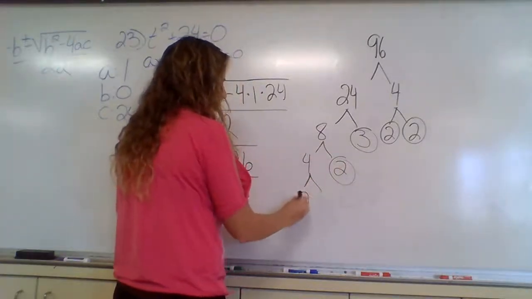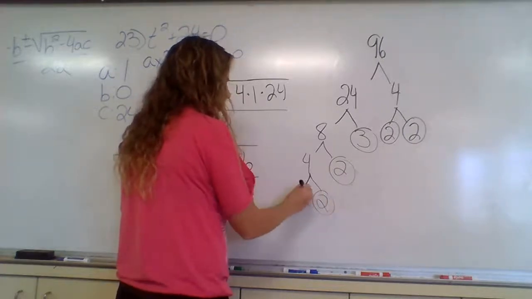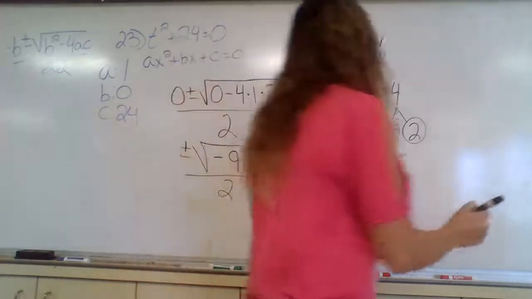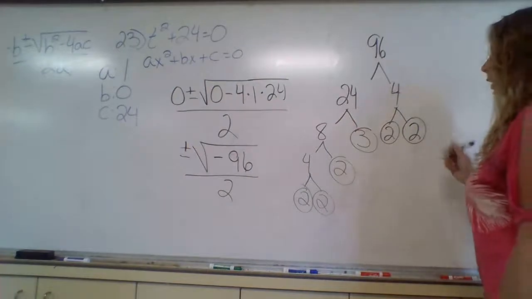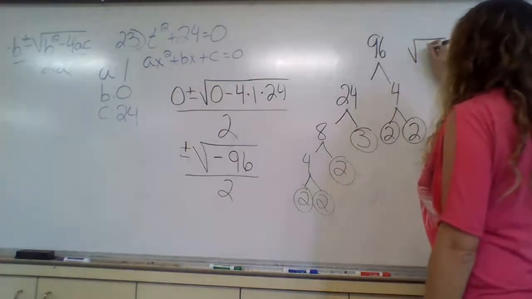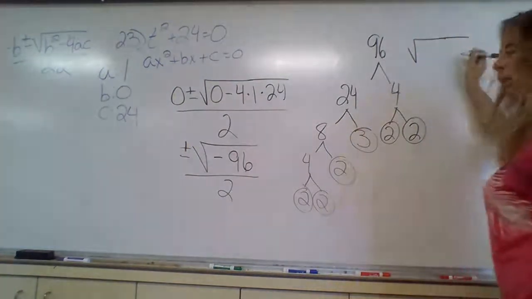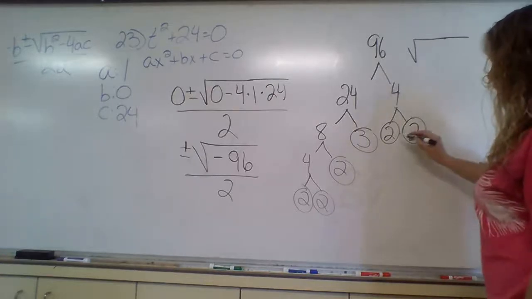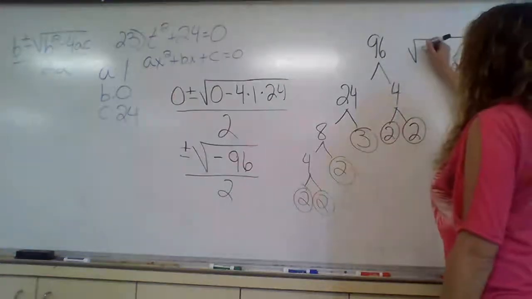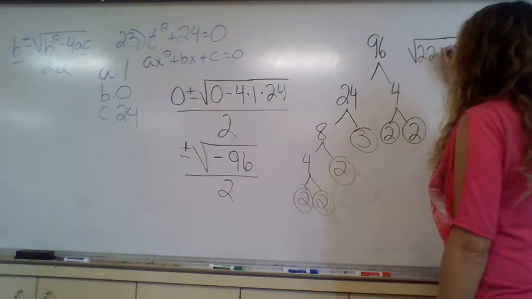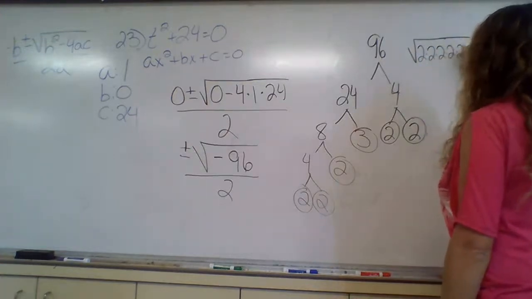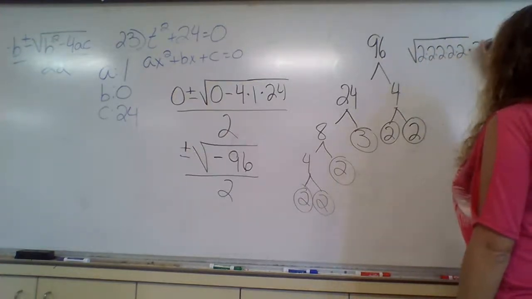Factoring, goodness gracious. Okay, so then the square root of 96, can we see this? Yes, it is 5 twos and a 3.